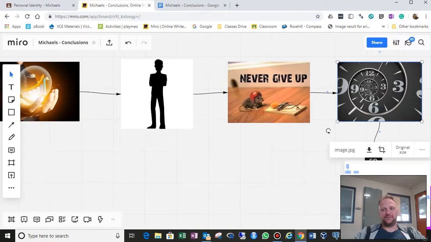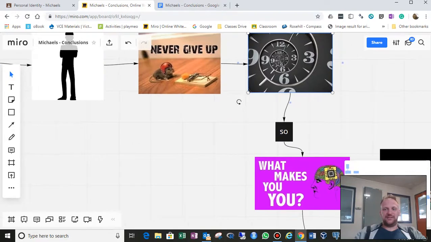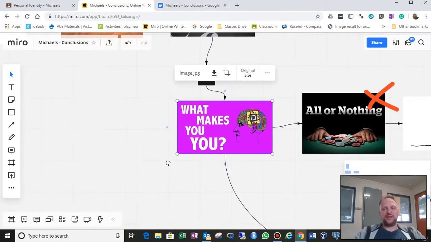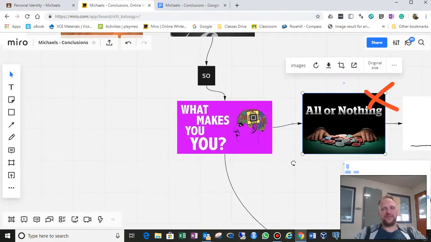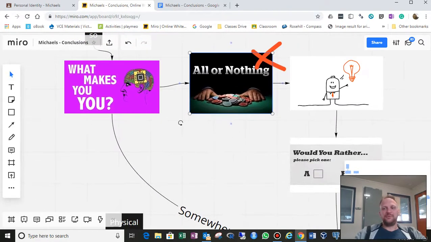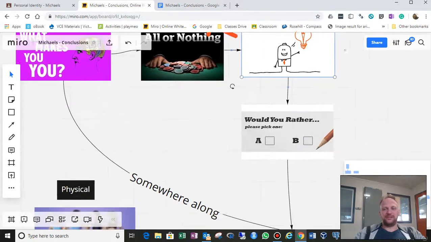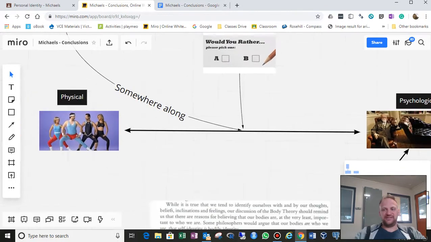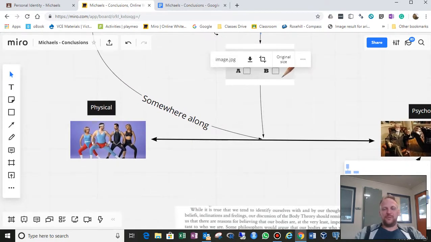That's really, really important. So, what we need to understand then is that we might need to move on to another concept. What makes you might not be this all or nothing concept of personal identity. Maybe what we really need to do is have a new concept, which is more about a continuity somewhere where what we are lies between the connection we have between the physical and the psychological.